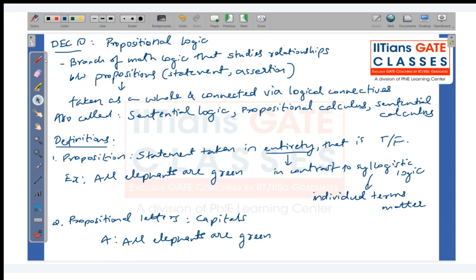Next comes the truth value. So it's either true or false. We can say 1 or 0. Binary also is possible.